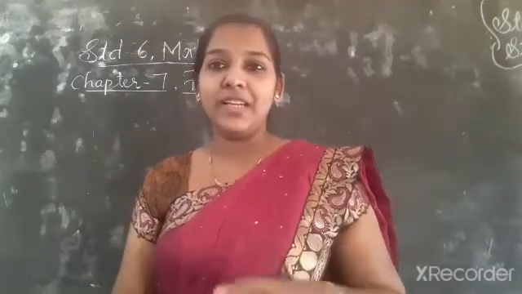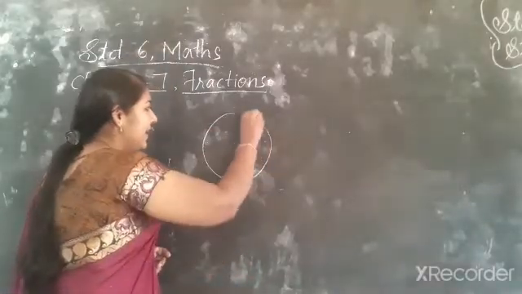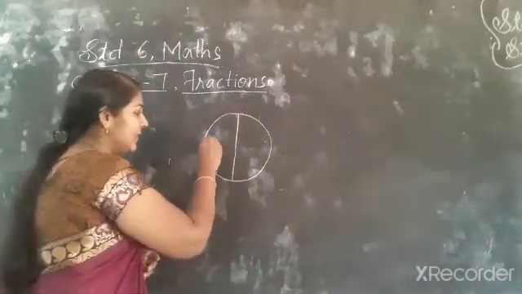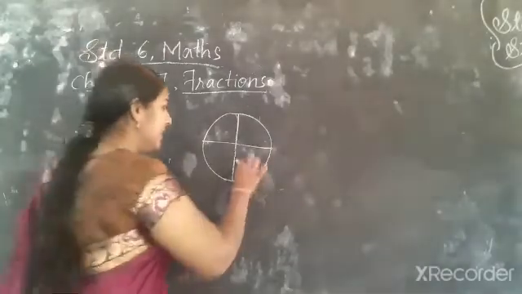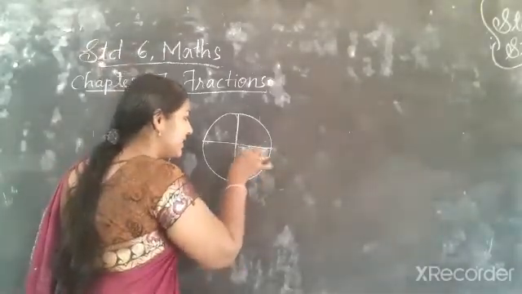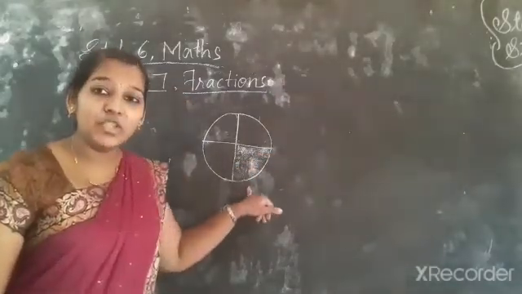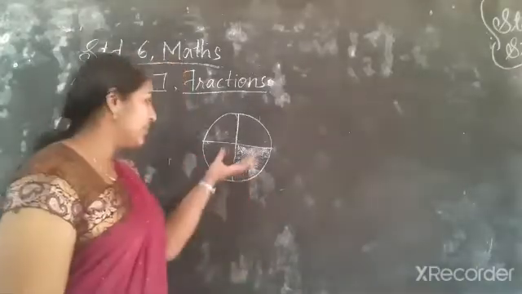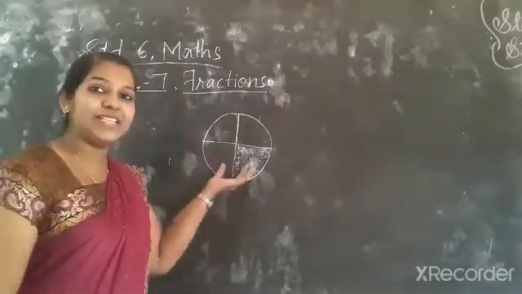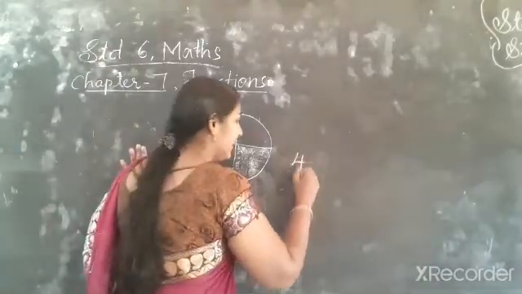So if I am taking a pizza and cutting it into some equal parts, equal pieces, then each part shows a fraction. This pizza is divided into 4 equal parts, so you can write 4 here.